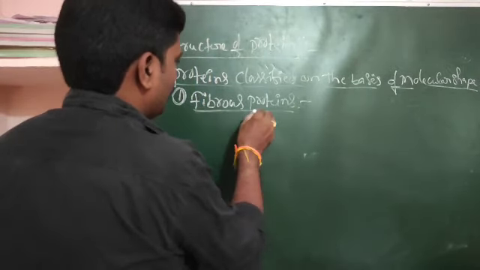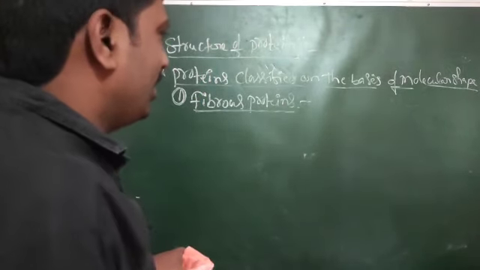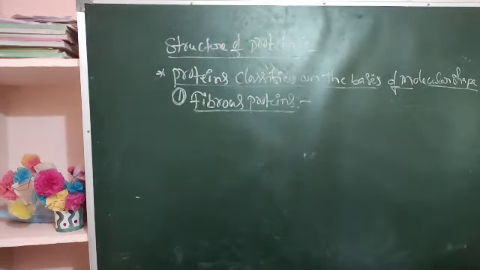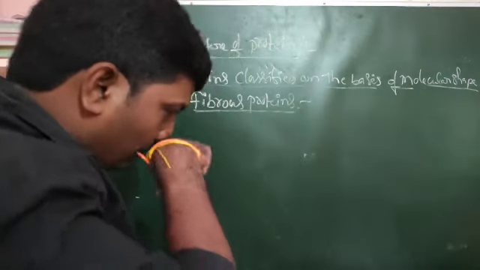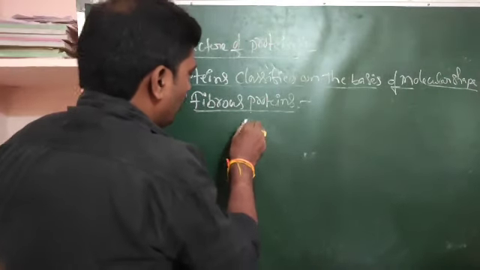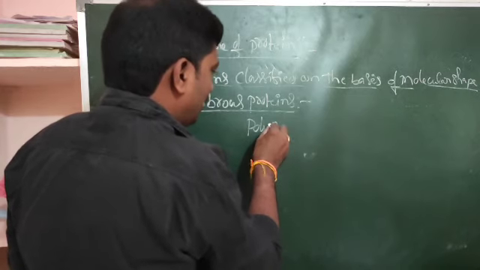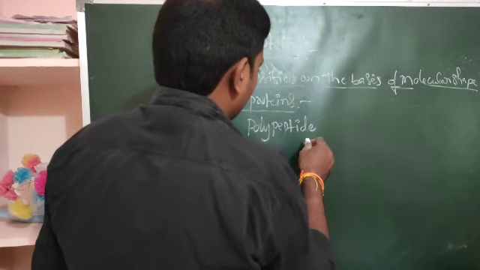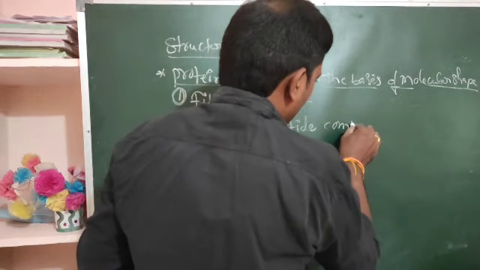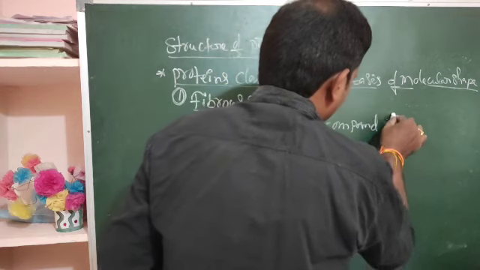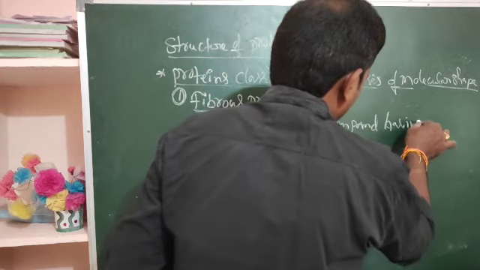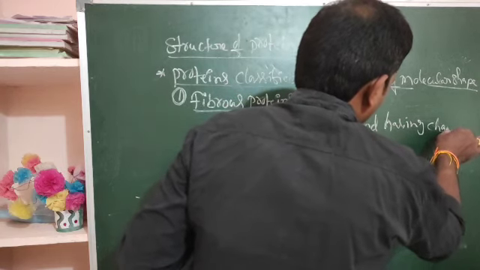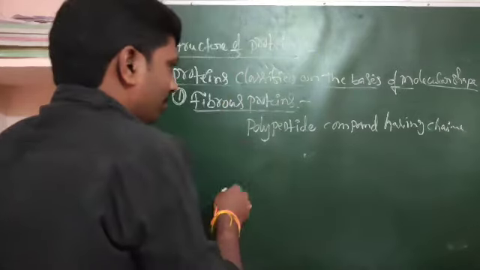One is fibrous protein. So what does fibrous protein mean? Fibrous protein is a polypeptide compound having a straight chain structure, with the chains running parallel, or having a parallel chain structure.